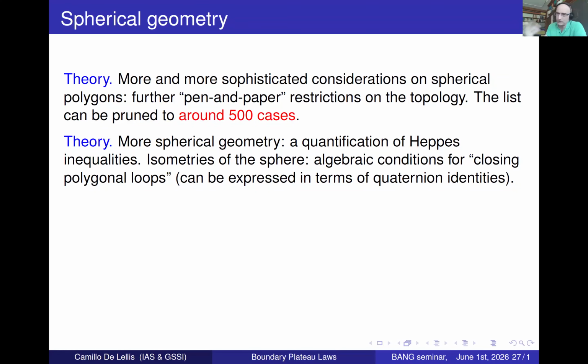And rotations of three-dimensional space are easily parameterized by quaternions, and the composition of the isometries is a product of the quaternions.